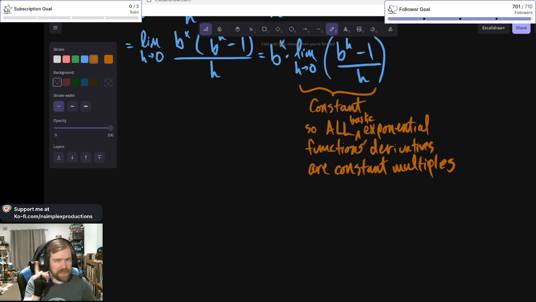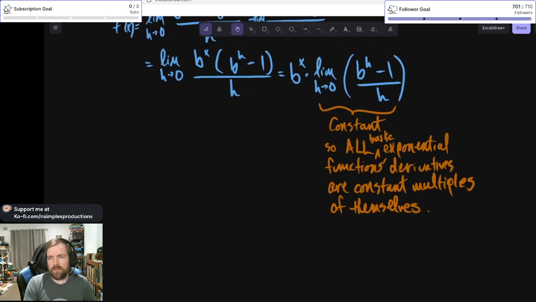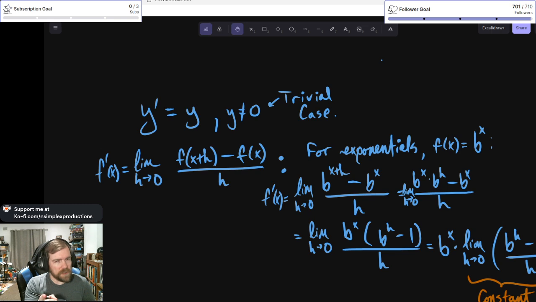All basic exponential functions' derivatives are constant multiples of themselves. Which means we're really close to finding a particular function whose derivative is going to be a constant multiple of 1 times the original function.